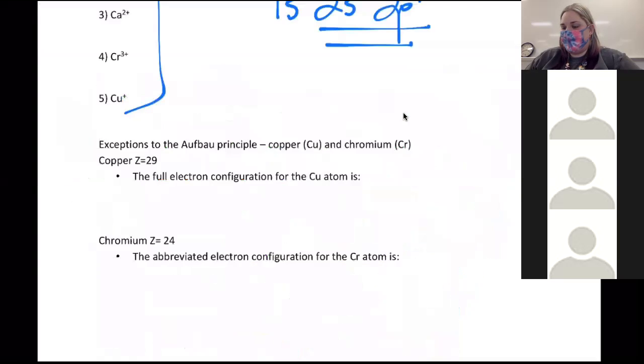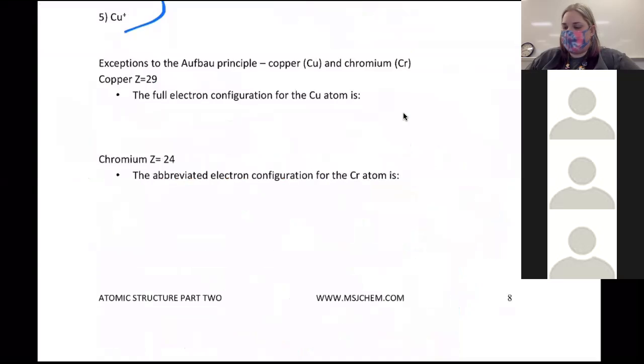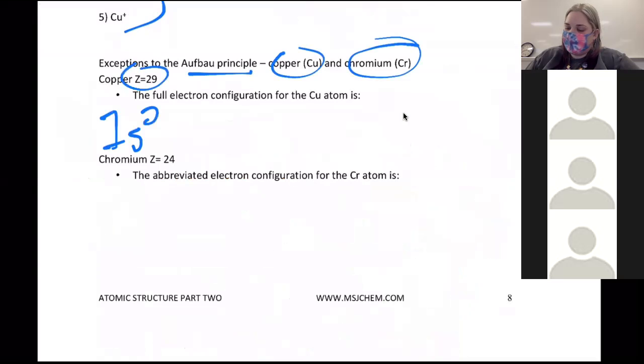The last thing, really quick, there are 2 exceptions to the Aufbau rule: copper and chromium. For copper, it's got 29 electrons. So 1s2, 2s2, 2p6, 3s2, 3p6, 4s2, 3d9.